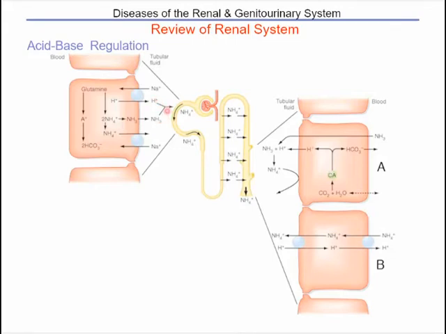Regardless of the mechanism, what is important to take note of is that for every ammonium ion secreted into the tubular fluid, a new bicarbonate is returned to the blood as a result. In the thick ascending limb of the loop of Henle, significant amounts of ammonium ion are reabsorbed, and therefore returned into the circulation.